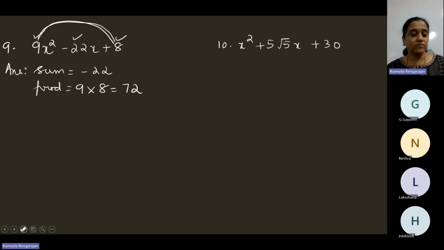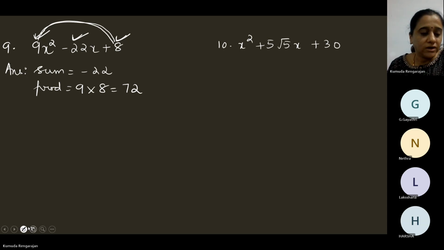I was telling you that we make use of every coefficient to answer this. See, we've made use of 9, minus 22, and plus 8. Please stop writing and listen to me. So to work the answer, we make use of all the coefficients. What are the coefficients here?